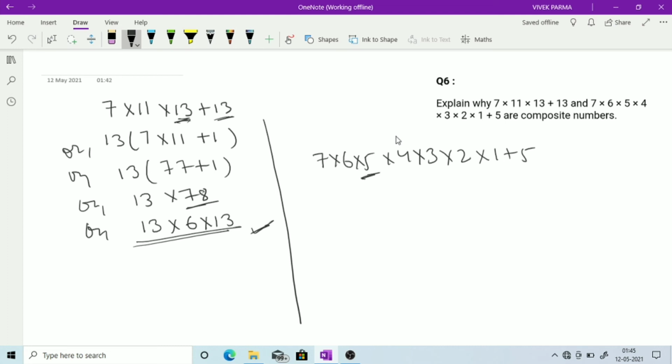So here 5 and here 5 are available, so I am going to take 5 common.